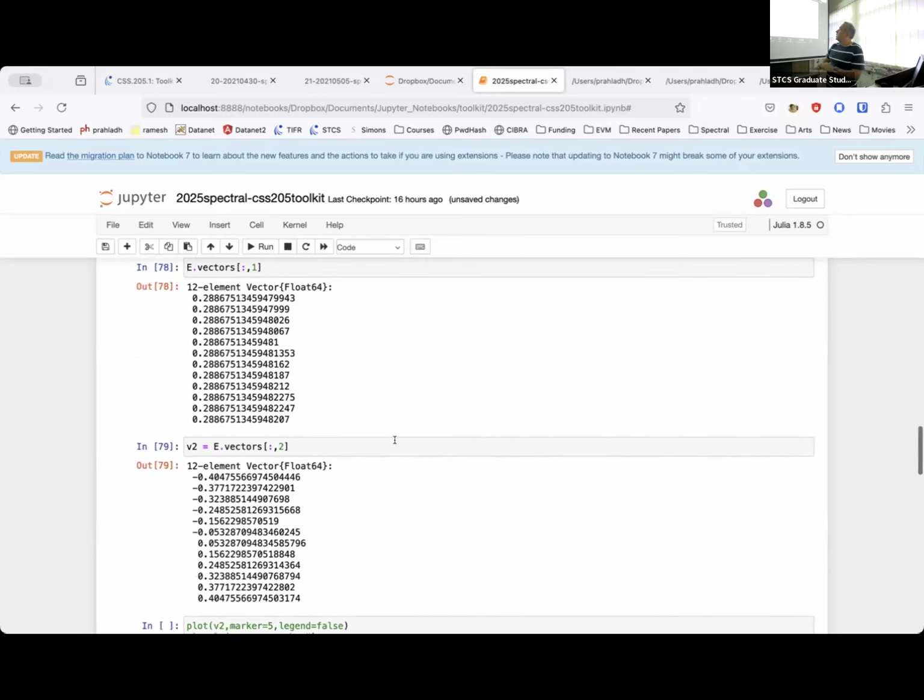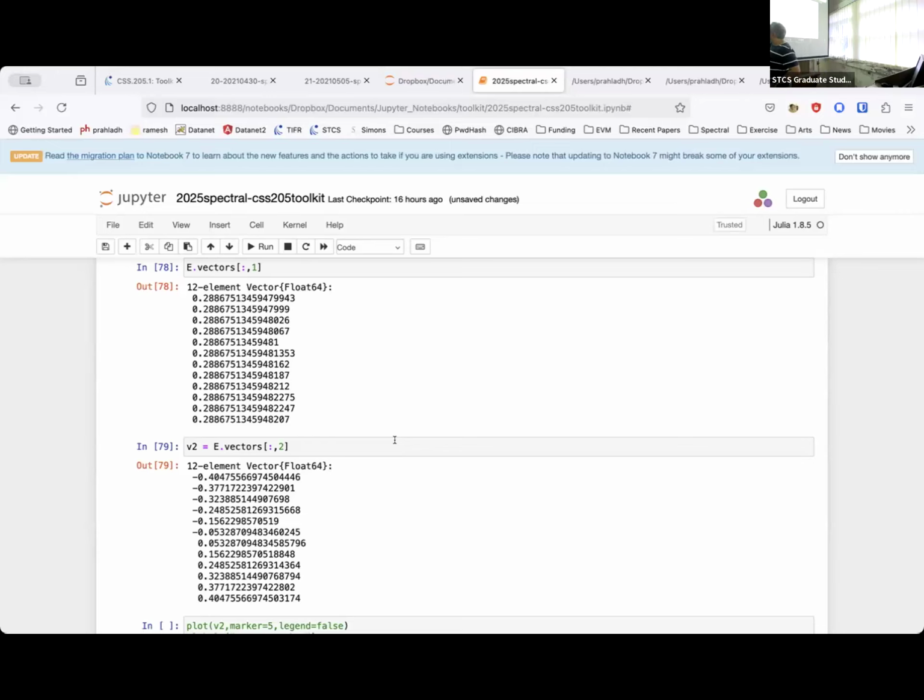One thing you will notice for a Laplacian is that the eigenvector corresponding to the eigenvalue 0 will always be a constant eigenvector. The eigenvector will be flat. This is something we will see by the end of this lecture. Once that is flat, all the other eigenvectors have to be orthogonal to it.